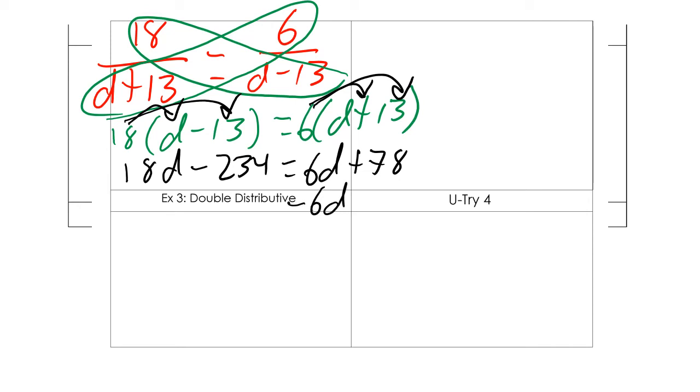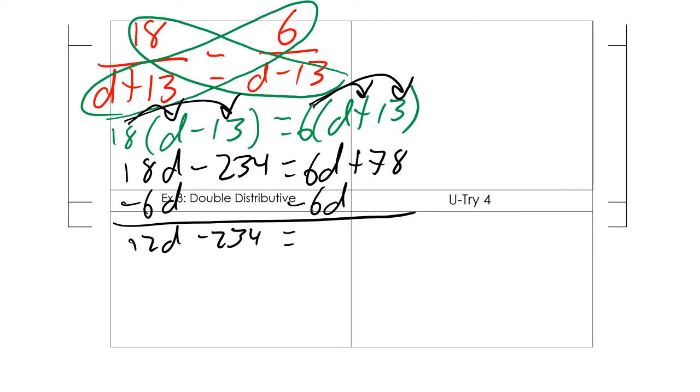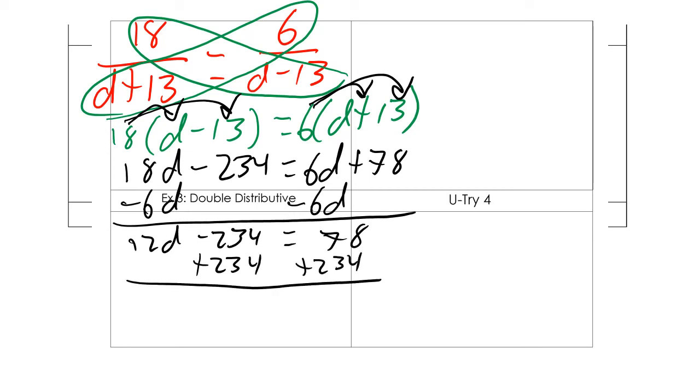I subtract 6d from both sides. I get 12d minus 234 equals 78. I add 234 to both sides. I get 12d on this side. Let's see, 78 plus 234 is 312.